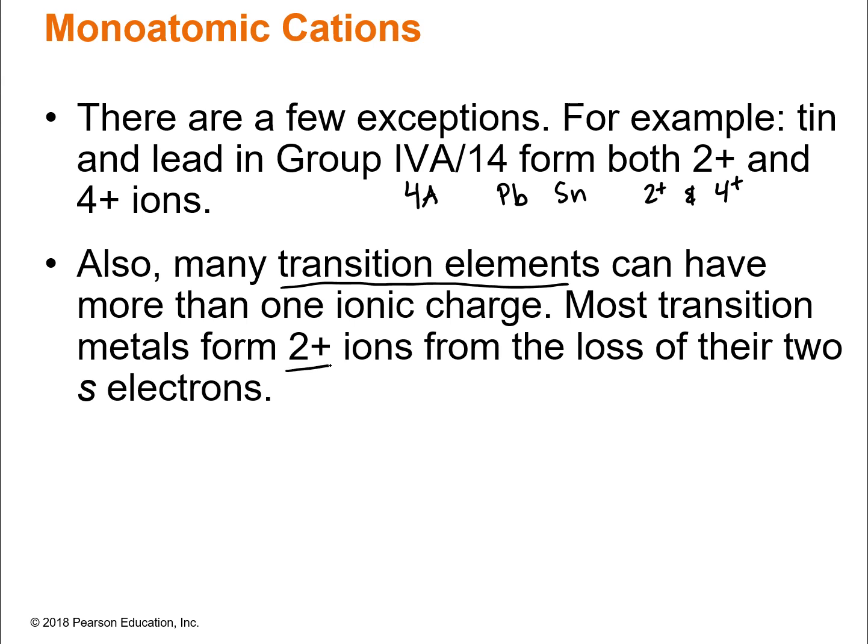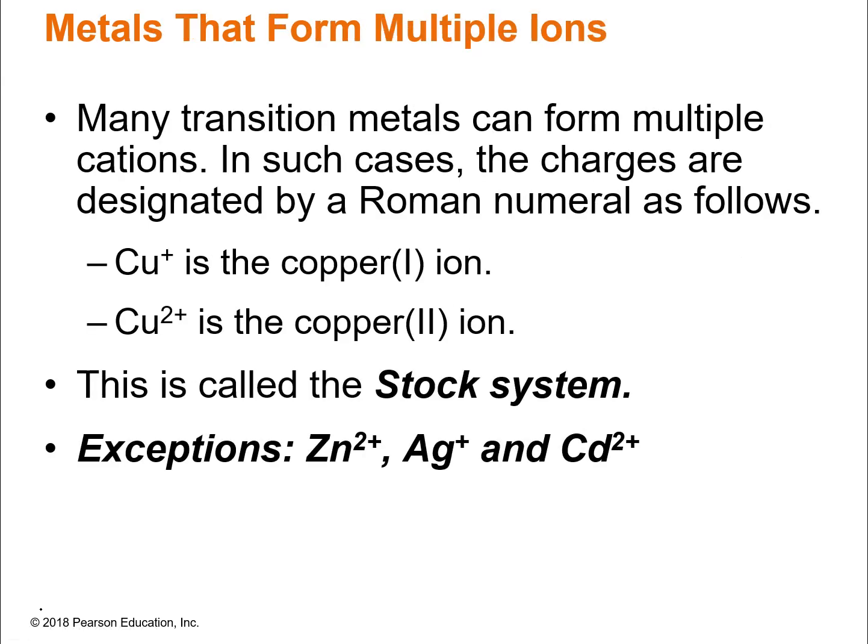Most of them will form a 2+ ion, but they may also lose more than just those 2s electrons to form different ionic charges. So we have to have a way of differentiating between these different ions when we're writing names for compounds. One system that you can use that I prefer is the stock system.